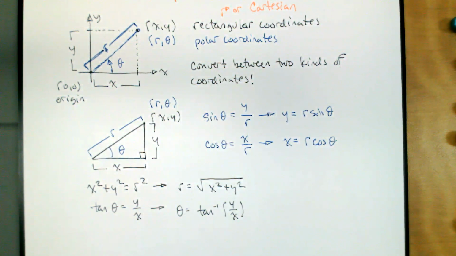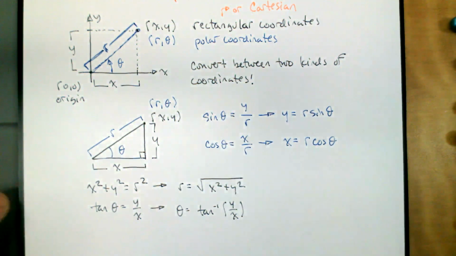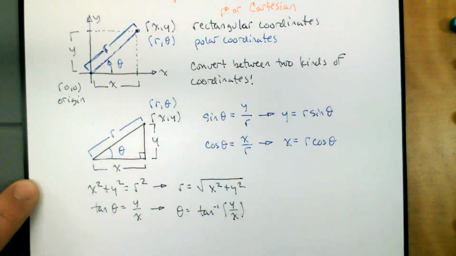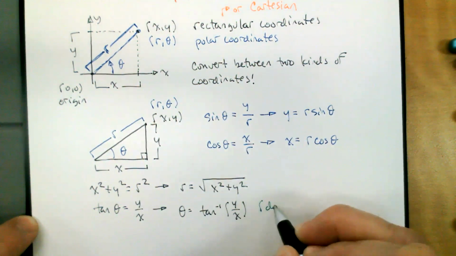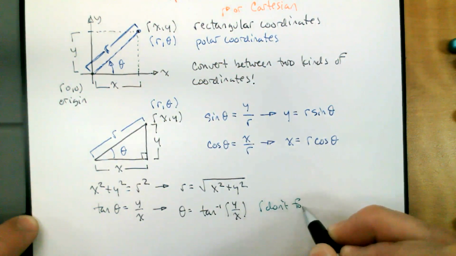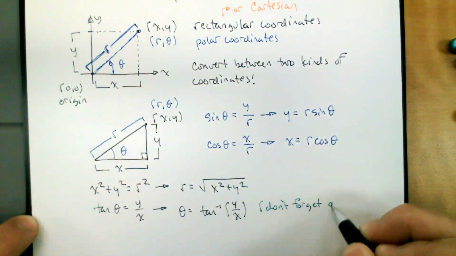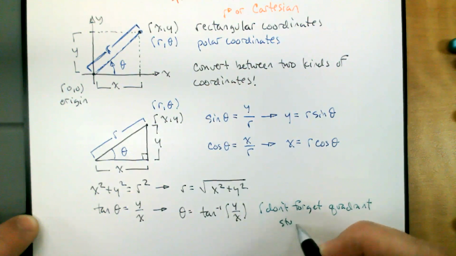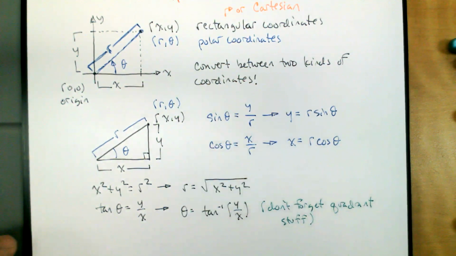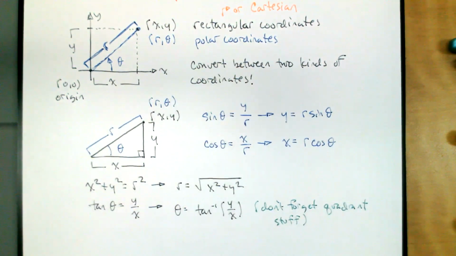There's more to it than just tangent inverse of y over x. You've got to worry about what quadrant we're in. We know that tangent inverse will only return values in the first and the fourth quadrant. So we've got to be careful about that.